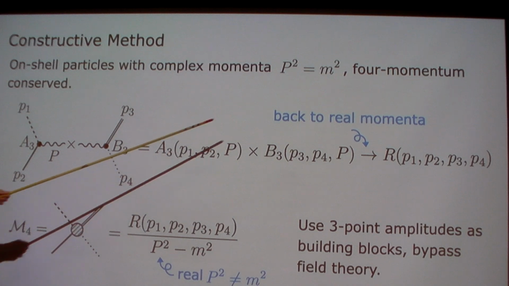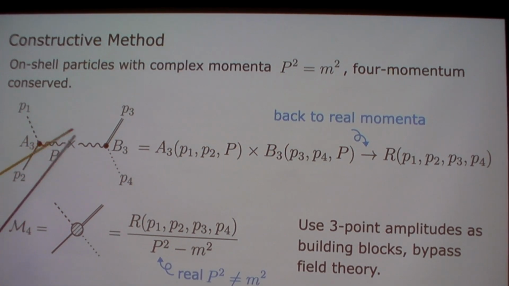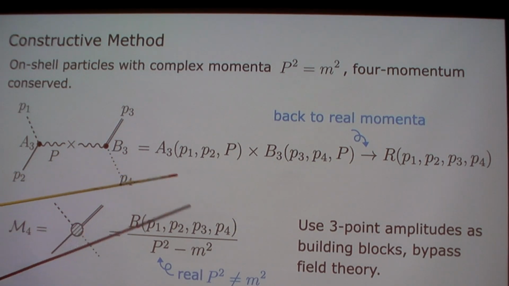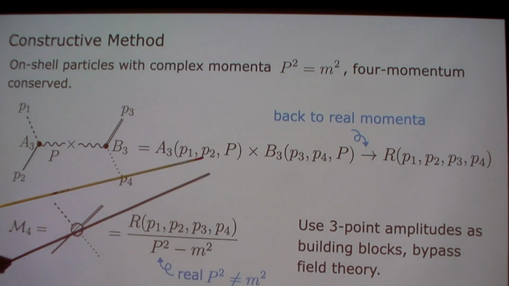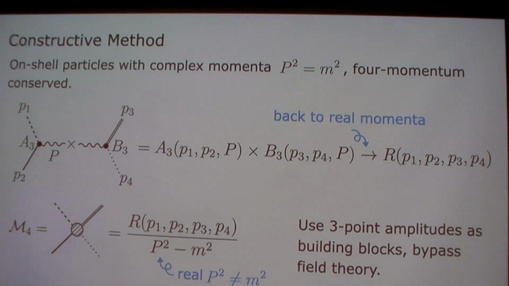But after you go to a four-point residue, you no longer need to keep the internal photon on-shell because you only care about the external particles. So you can use momentum conservation to substitute this internal particle's momentum with the external particles' momenta.